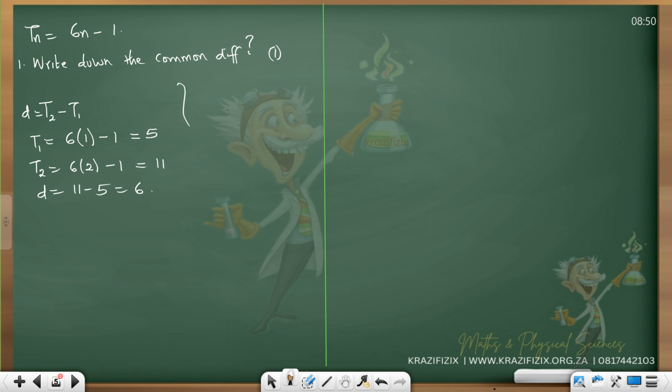I don't know if you see that this person is wasting time with maths. If this person realizes that this formula is this, that the coefficient of n is the difference, 6n minus 1. That's why the examiner says, write down. It means you don't need a calculation.